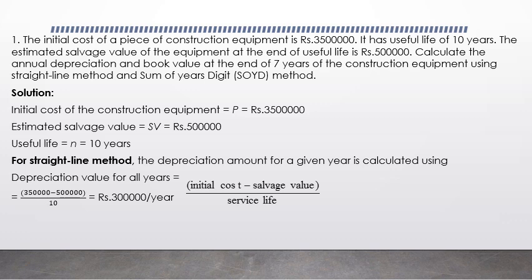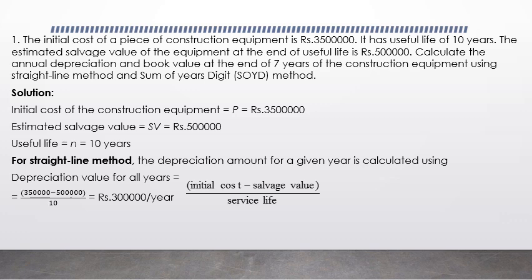When I substitute the values, 35 lakhs minus 5 lakhs divided by 10, I get 3 lakhs per year. So using the straight line method I can very easily calculate the depreciation amount: rupees 3 lakhs per year, and it is constant throughout.